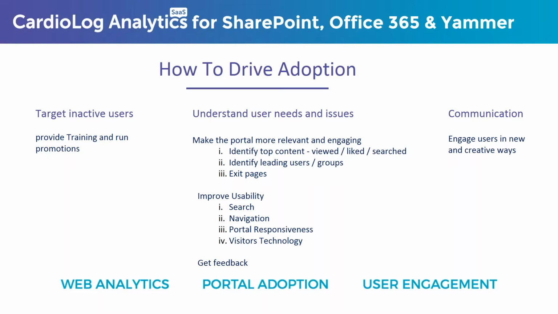So offering training can be a great way to start, but to really drive adoption, we need to ask the right questions. And we need to see how to make the portal more relevant and more engaging. So first, we need to understand what users use the portal for. Do they use it to find or share information, get updated on recent news, work on their projects, and what content exactly are they using for these purposes?